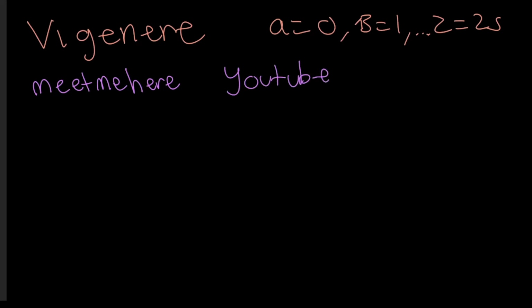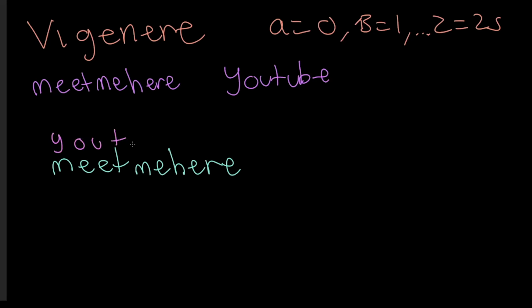So first off, what we need to do is put the repeating key above meet me here. So let's write meet me here out. Above that, we will put YouTube. Let's make sure you repeat the key.